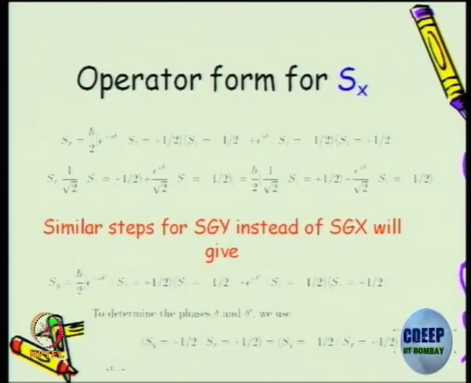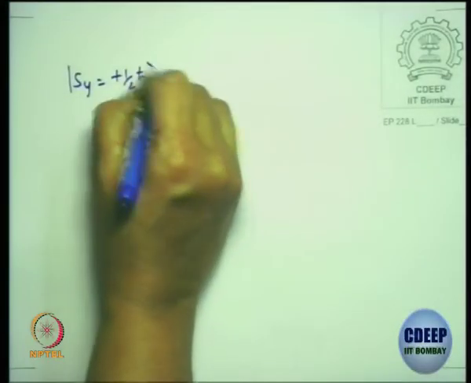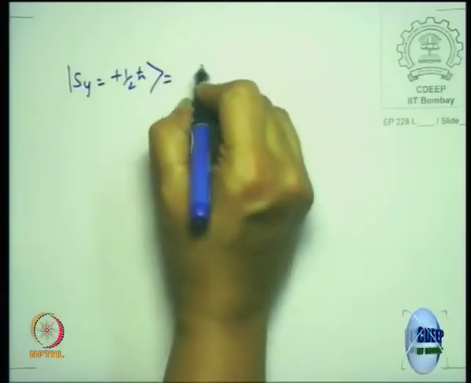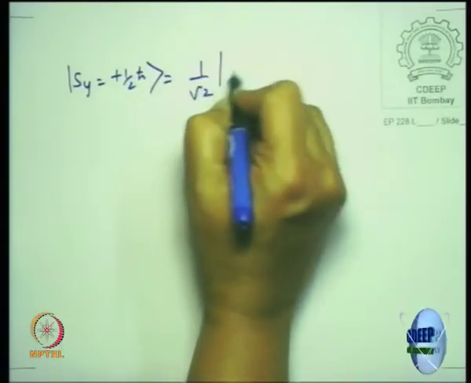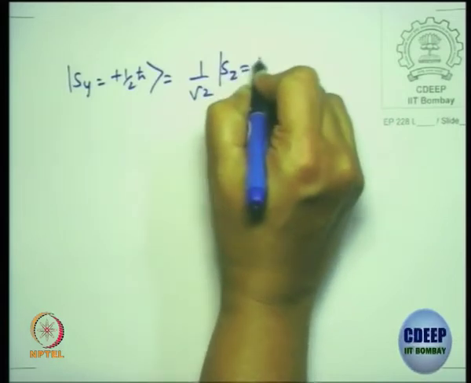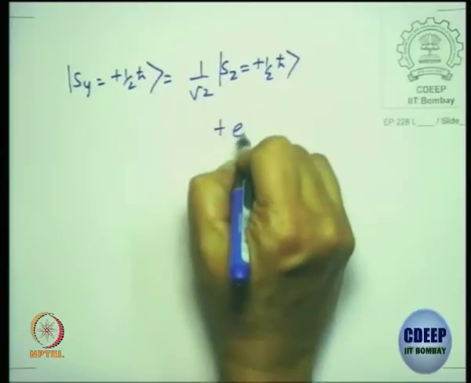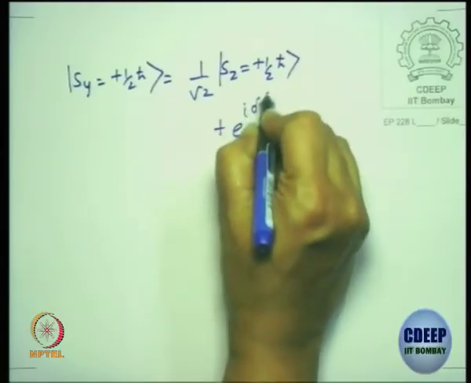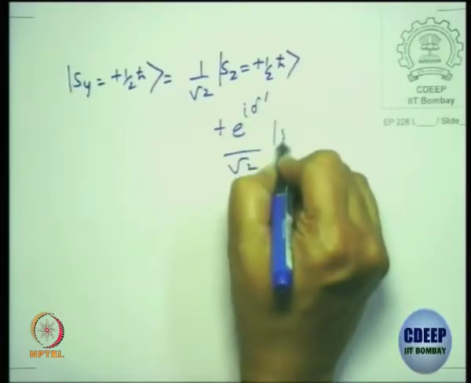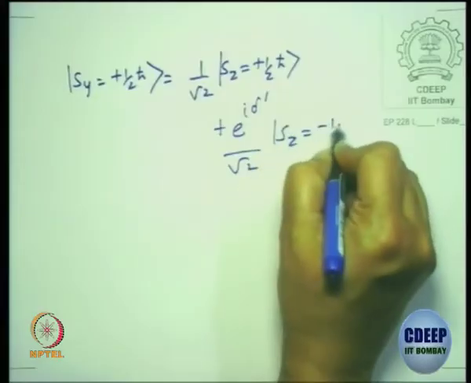Let me call it delta prime. Okay, so I can do that. Write it as 1 over root 2 times Sz equal to plus half h cross, plus e to the power of I delta prime by root 2 Sz equal to minus half h cross.